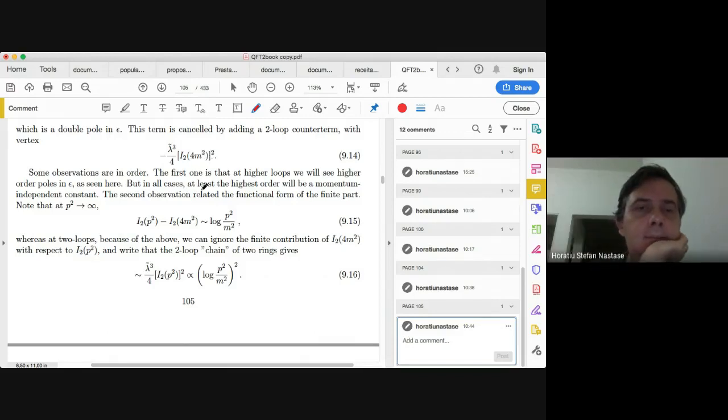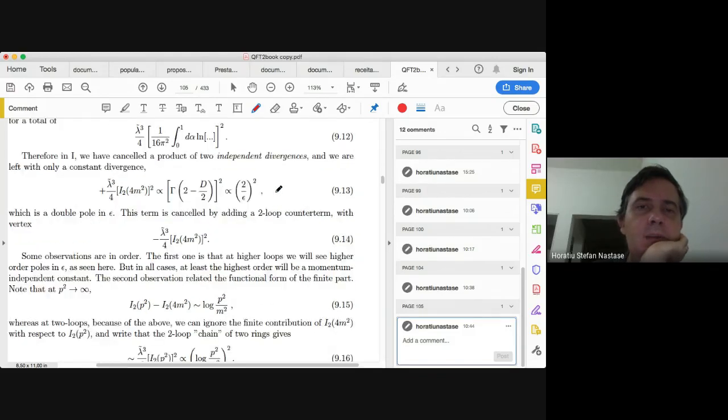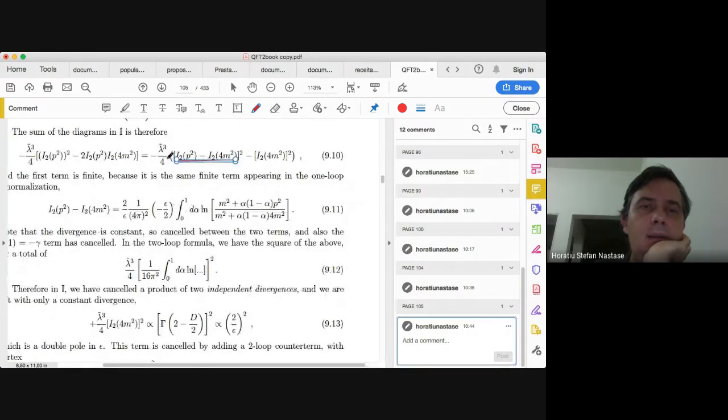The other observation is the functional form of the finite part. This one is divergent, but in this finite part, if I divide by m squared both the denominator and the numerator, we see that it depends on p over m squared.